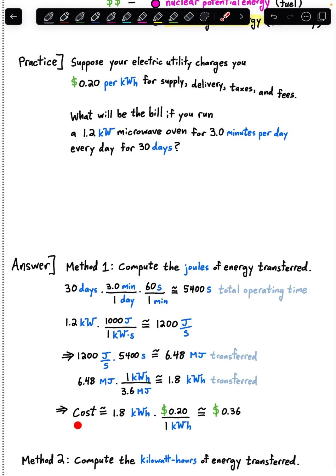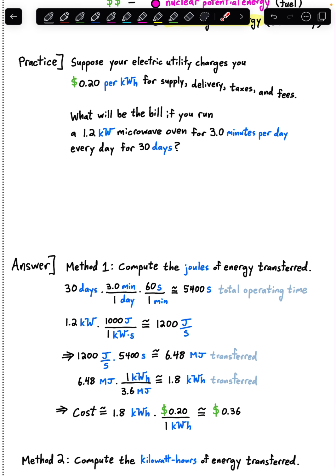So the cost to you, the consumer, is the 1.8 kilowatt hours of energy you used times 20 cents for every 1 kilowatt hour you used. Therefore, your bill is going to be 36 cents. It is not expensive to operate a microwave oven. 36 cents for that month, running it for 3 minutes a day.